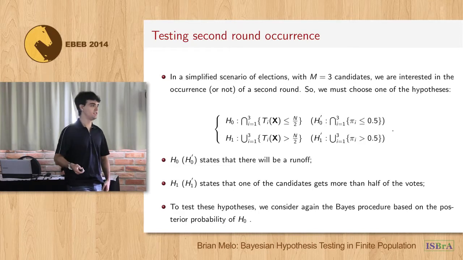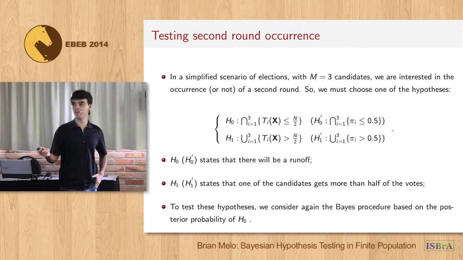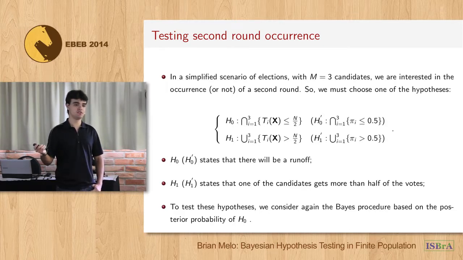And the hypotheses that we consider here are some joint hypotheses. We consider just 3 candidates to simplify the scenario. First, H0 is the intersection stating that no candidate will have more than half of the votes, which means there will need to occur a second round of elections.